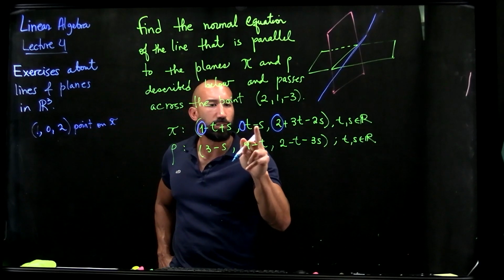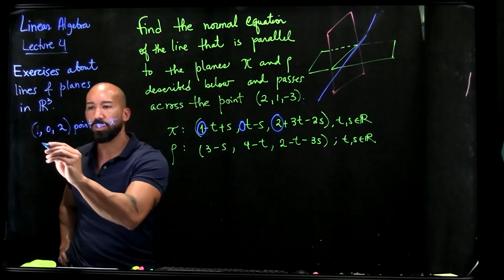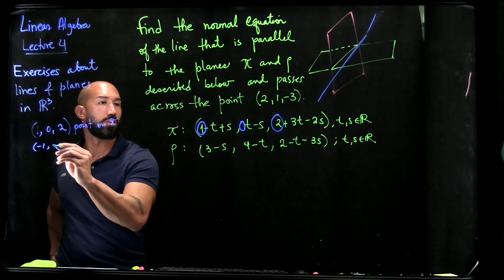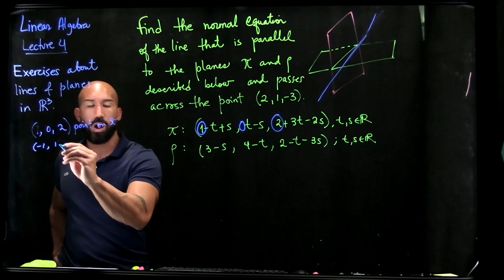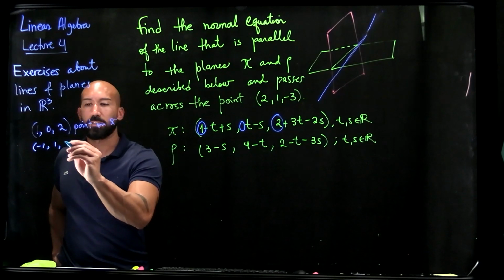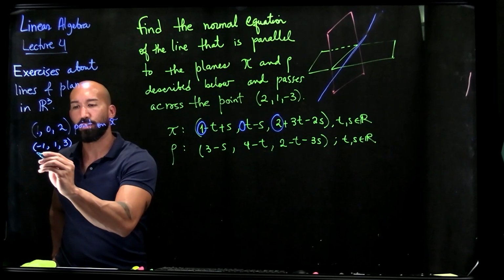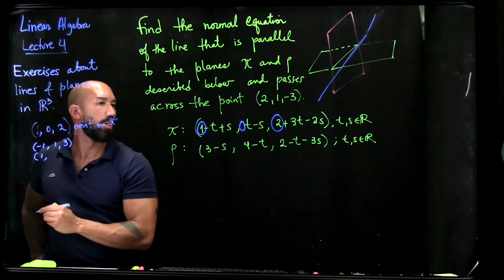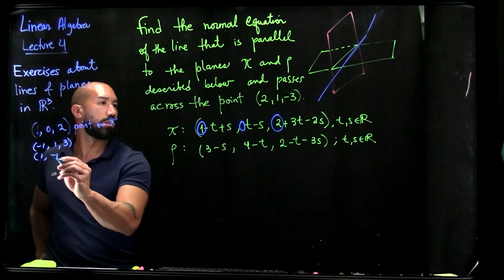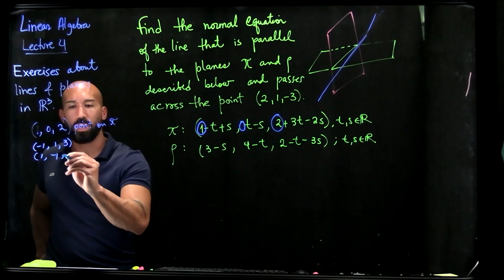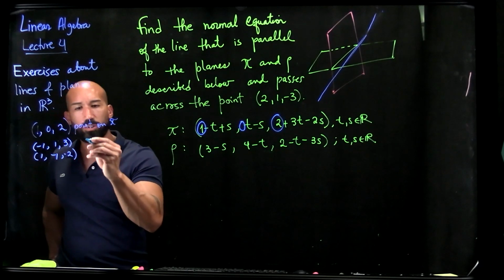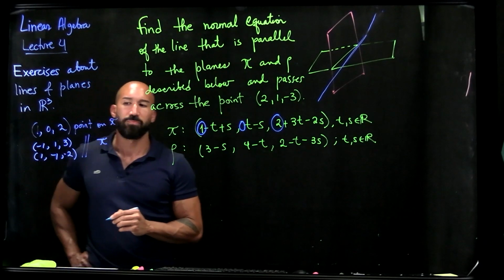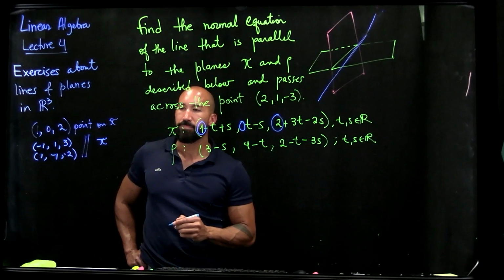The coefficients for t, which are (-1, 1, 3), and the coefficients for s, which are (1, -1, -2), are vectors parallel to the plane pi. Is that okay?